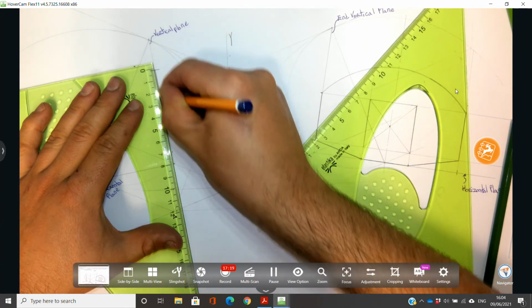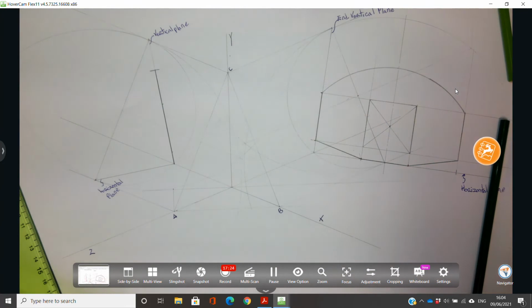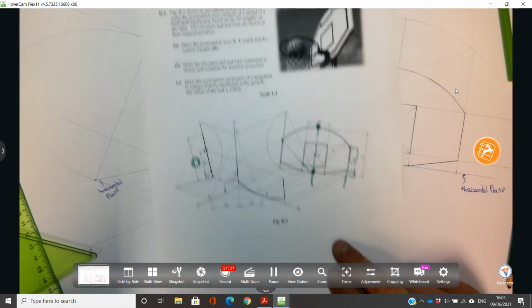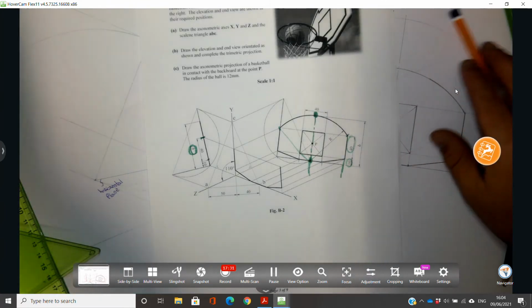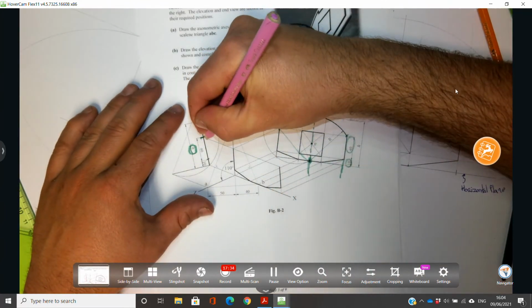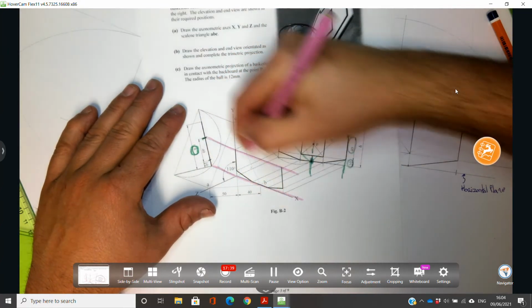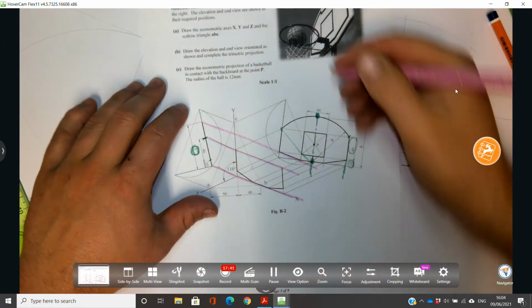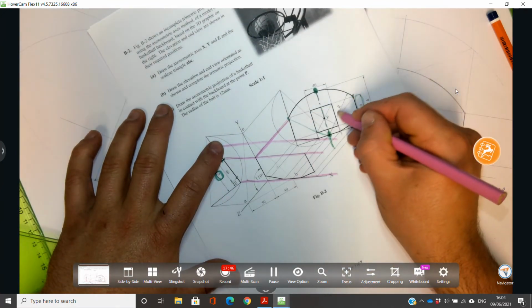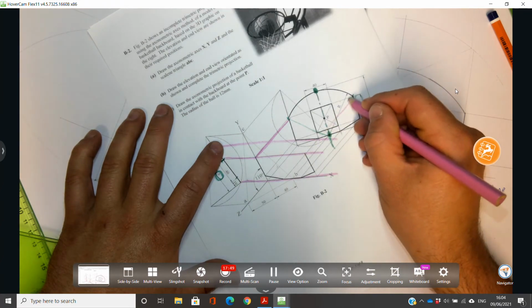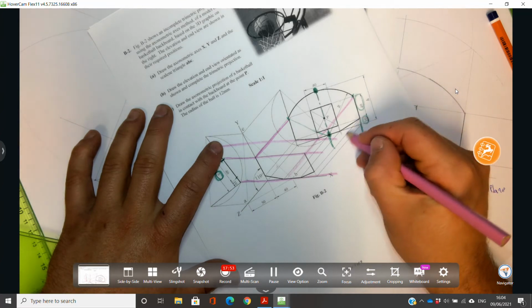And then a heavy line, so the basketball board projects as an edge in elevation, or in end elevation. Now, the question gives you a hint on how to complete the axonometric axis. Look, you bring these points down parallel to the x-axis, and you bring these points down parallel to the z-axis, and where they intersect, you're getting the points on the trimetric projection.